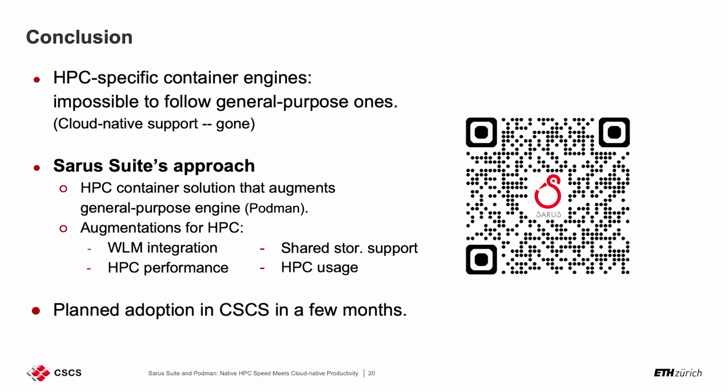Okay, so I'm going to conclude this talk with this one summary. HPC centers and HPC companies wanted to develop their own container engines because the general purpose engines have some compatibility issues with the HPC system.